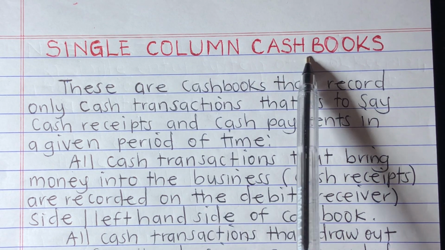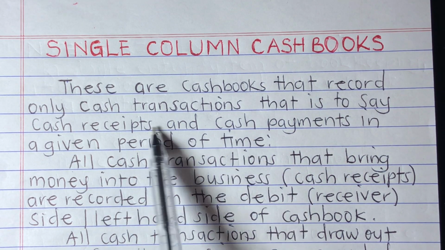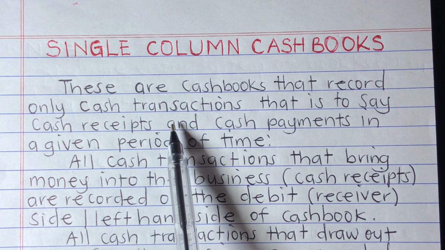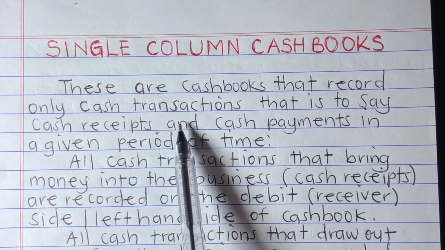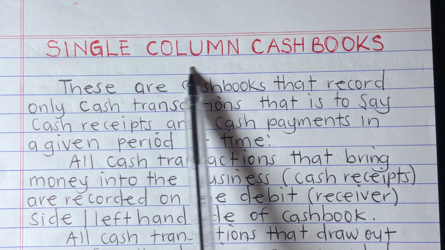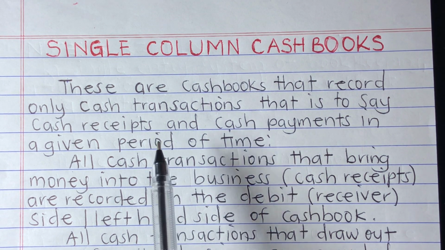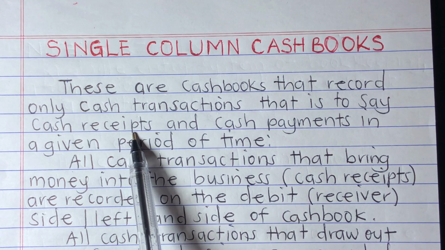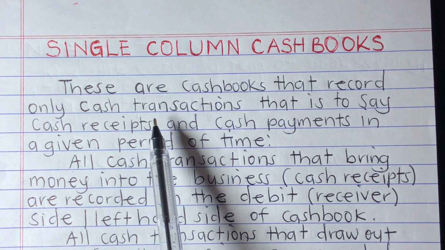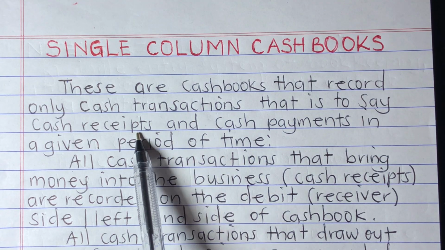It has only one column in the amount section. I'm going to be showing you that in the format. So in the single column cash book, we are only recording cash payments and cash receipts, tracking when the business received money and when the business spent money.